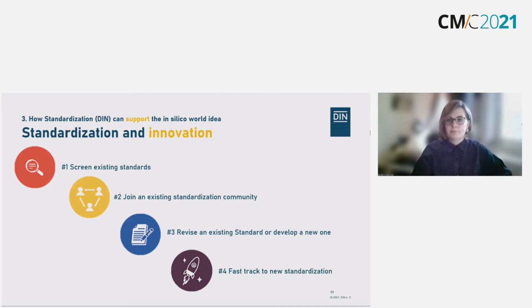And of course, it doesn't mean that the standardization work has to stop here. This could always be a basis for later developing a full standard or integrating the findings into an existing one.